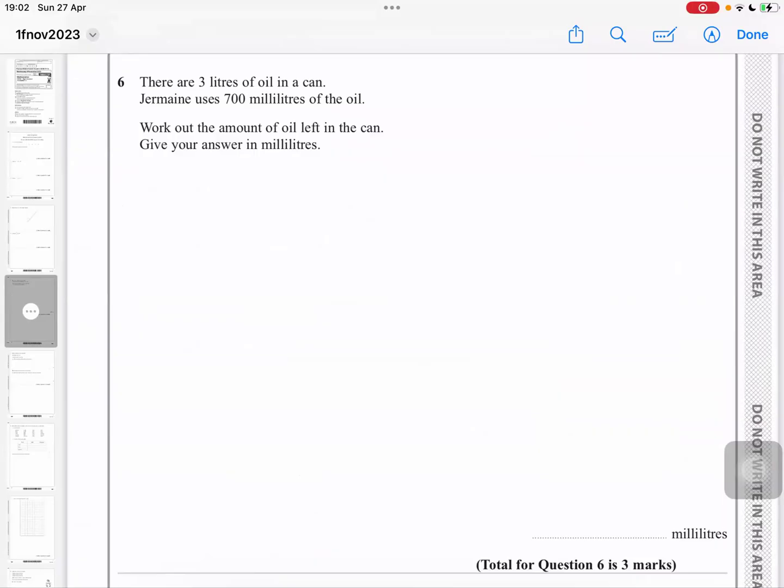There are 3 liters of oil in a can. Jermaine uses 700 milliliters of the oil. Work out the amount of oil left in the can. Give your answer in milliliters. So the secret to this is to simply convert liters to milliliters. Do you remember the unit conversion?